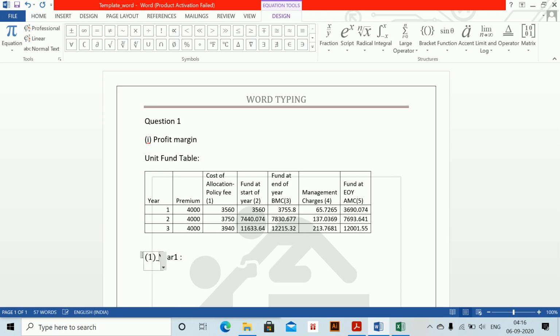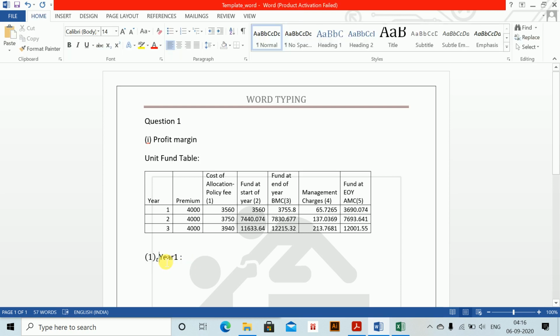Column 1, t is equal to, for year 1 it is equal to 4000 into 0.95 into 0.95 minus 50, which is equal to 3560.